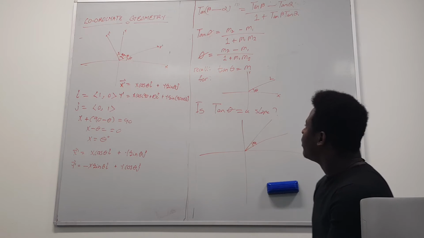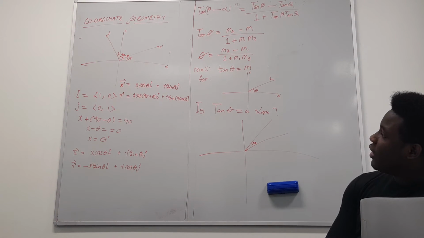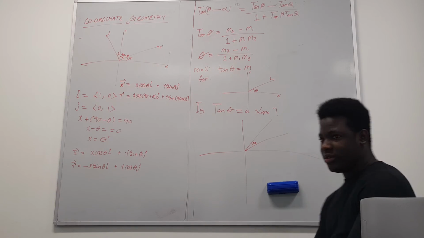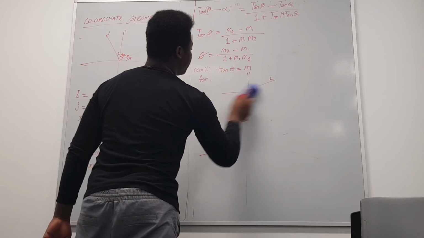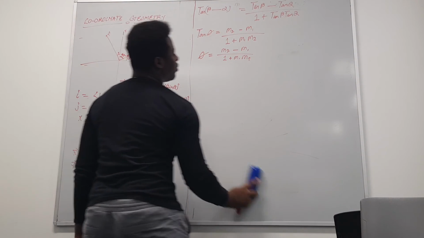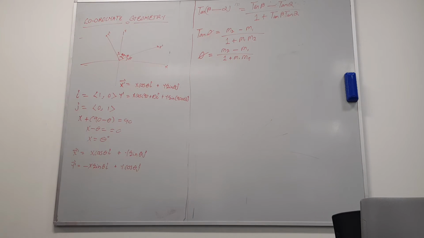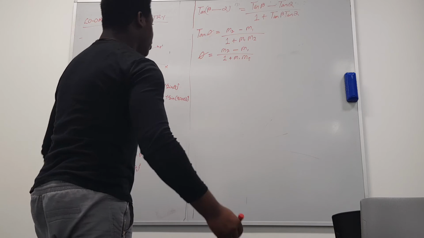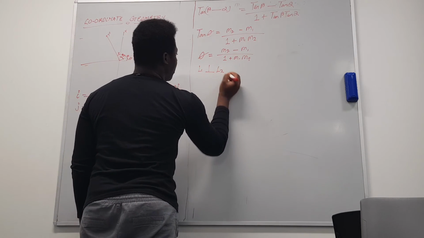So what else? This is kind of everything. Everything kind of follows. Let me just quickly do this for you. I'm not going to waste time. So if the angle between two lines is 90 degrees, in which case they're perpendicular. So if I say L1 is perpendicular to L2, how do we show that?